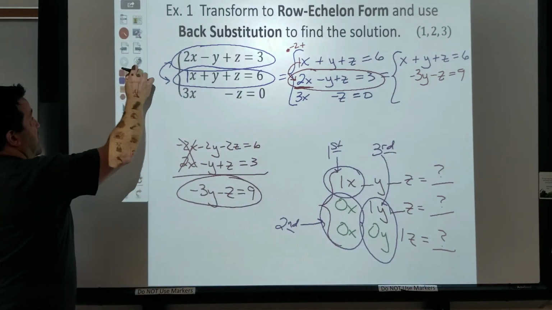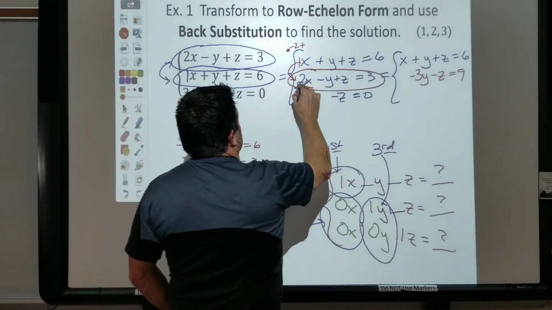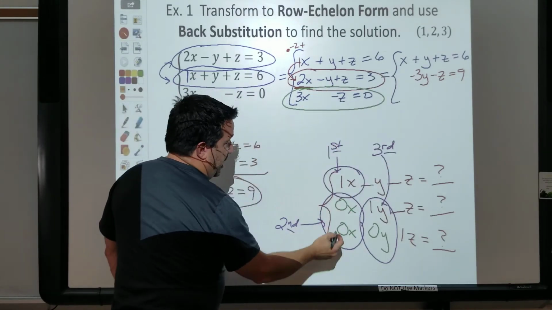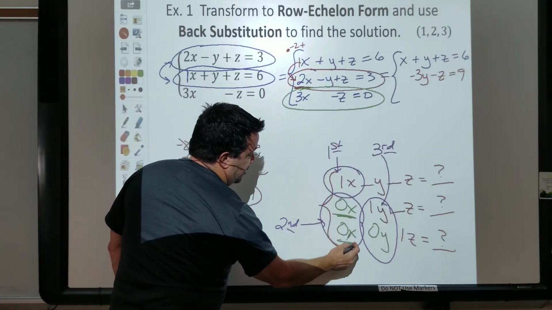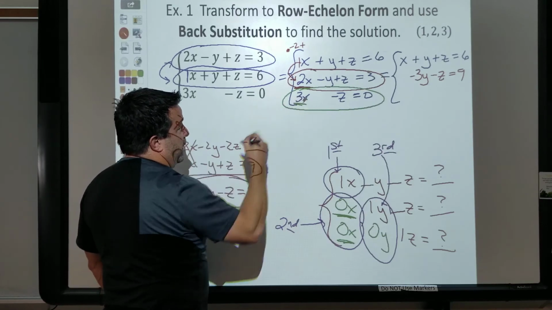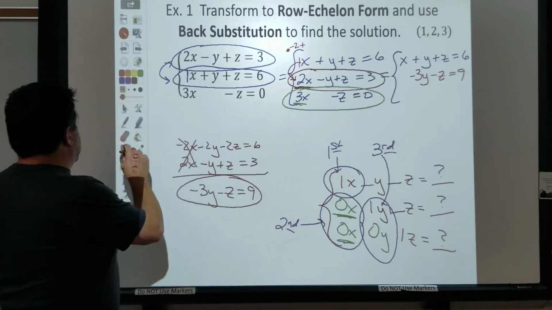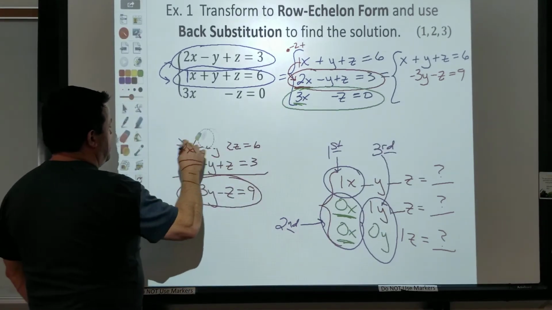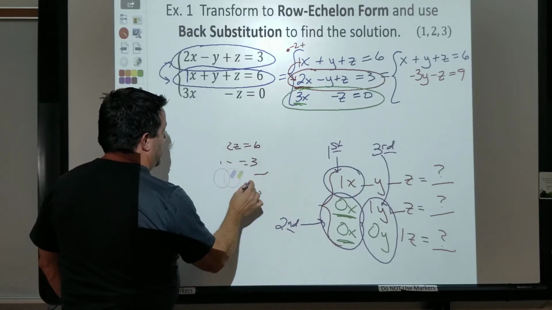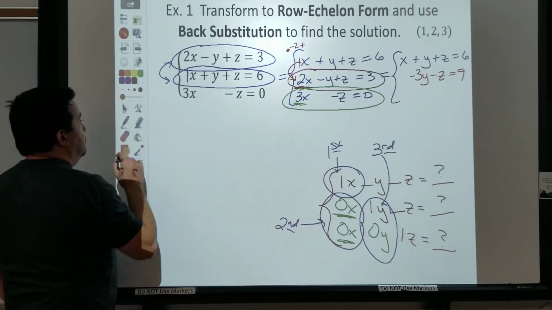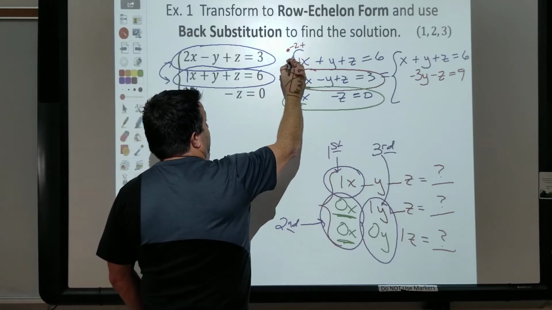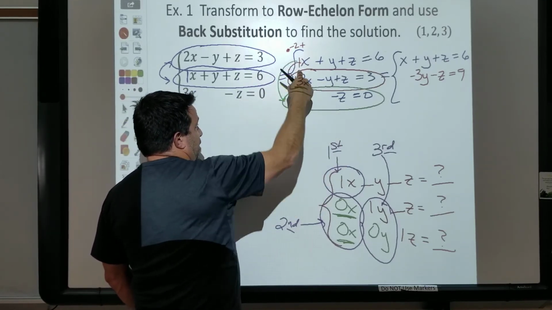Now I want to do the same process to this third equation, because I just eliminated that x. I need to eliminate this x. I need to eliminate this 3x. So I'm going to do the same thing. So I am going to take this top equation again, and I want to eliminate that 3x.